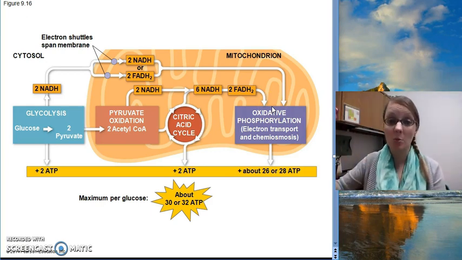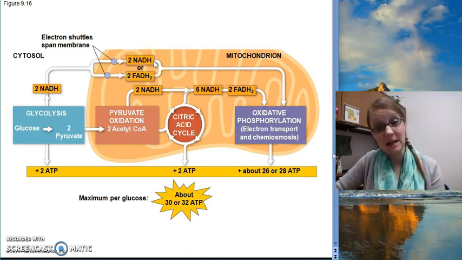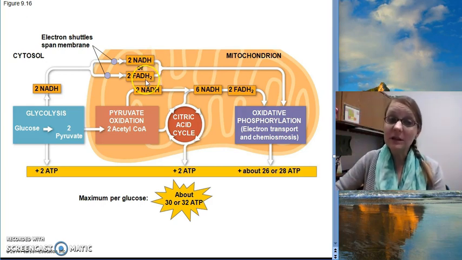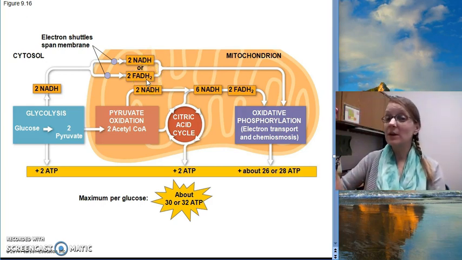That's great, no problem there, but you'll notice that while NADH does the drop-off here at the electron shuttles, what picks them up could be either NADH or it could be FADH2. We don't know. It's kind of the luck of the draw.